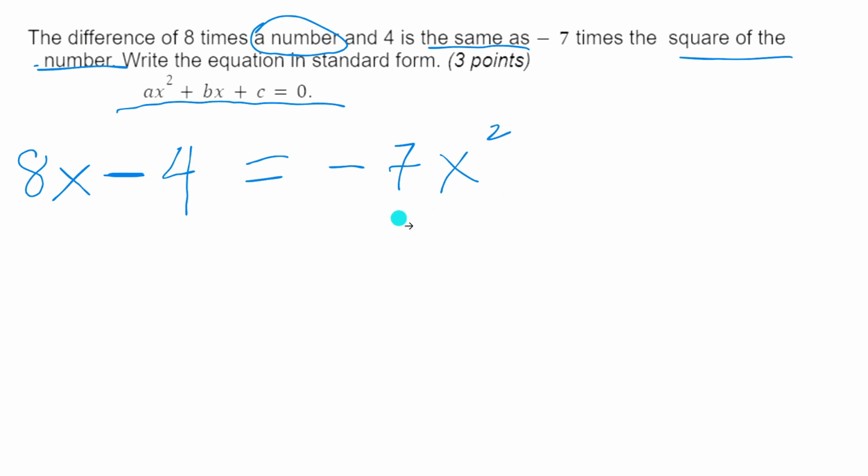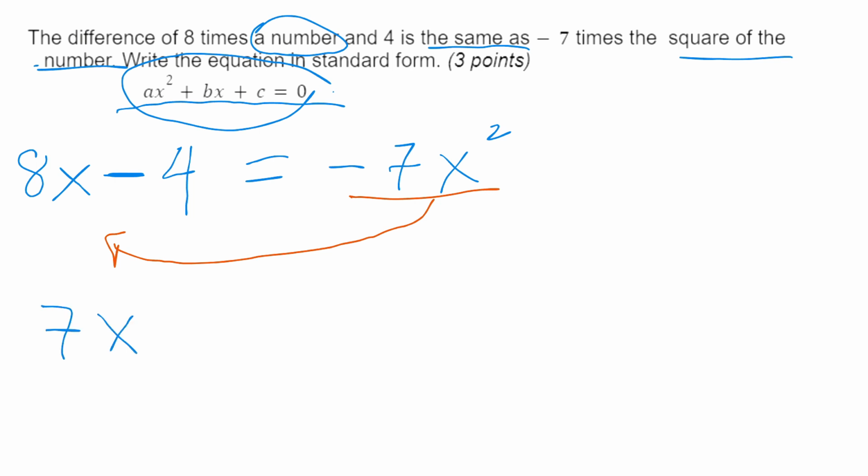So that's it. However, it says you have to follow this format here. So we still need to transpose the negative 7x squared to the left side. And it will now become 7x squared. It will become positive, right? Plus 8x minus 4.